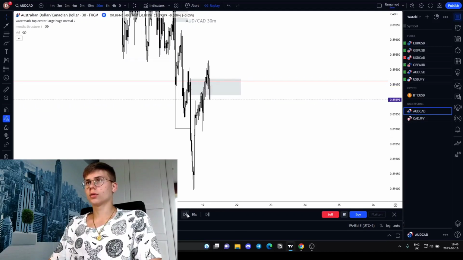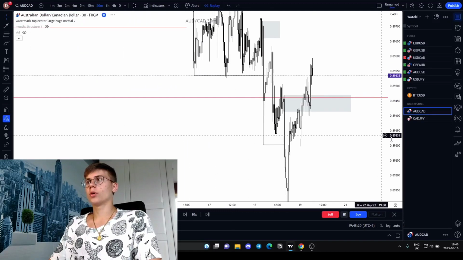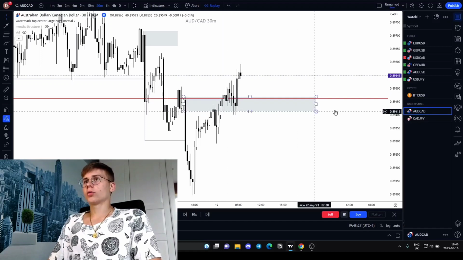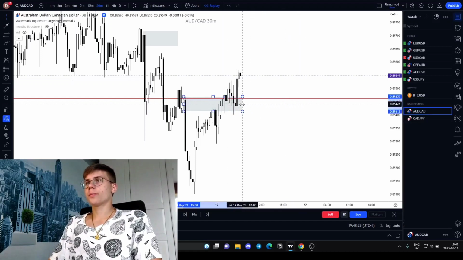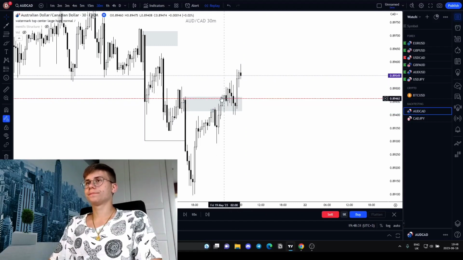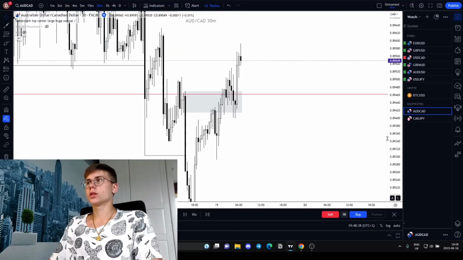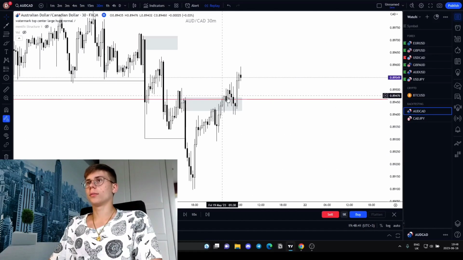But now, yeah, after the breakout with body, after this break of supply zone, I don't count this as a valid zone. After that break with body, if there is a wick like this, it's still valid, but after the break it's not.